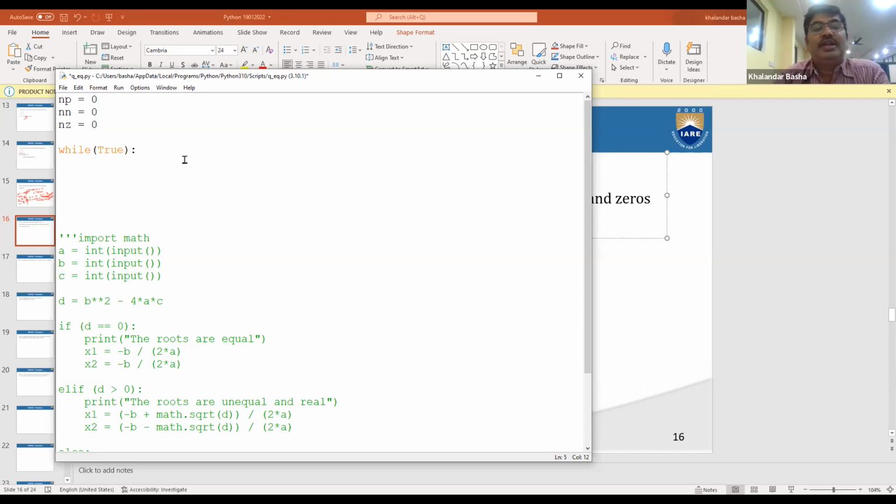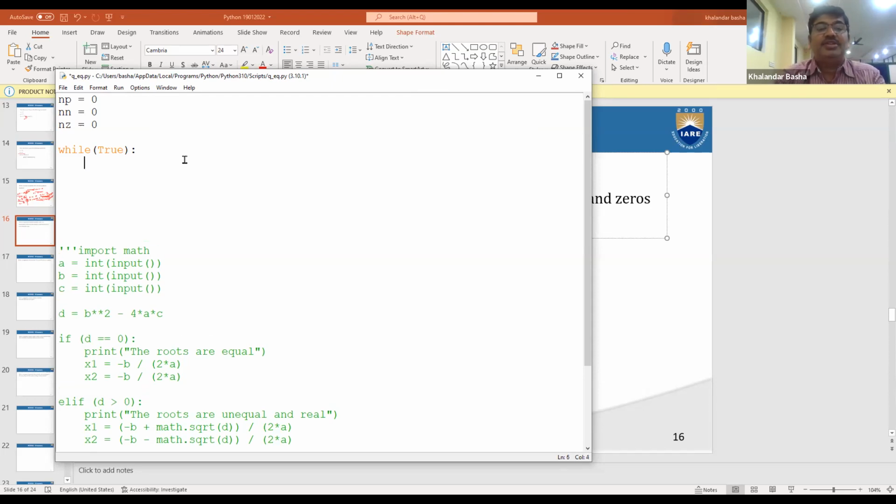So I'm taking a while loop with the condition as true, meaning it is always valid. Next we have to accept the input: n is equivalent to int of input, enter the value of n.